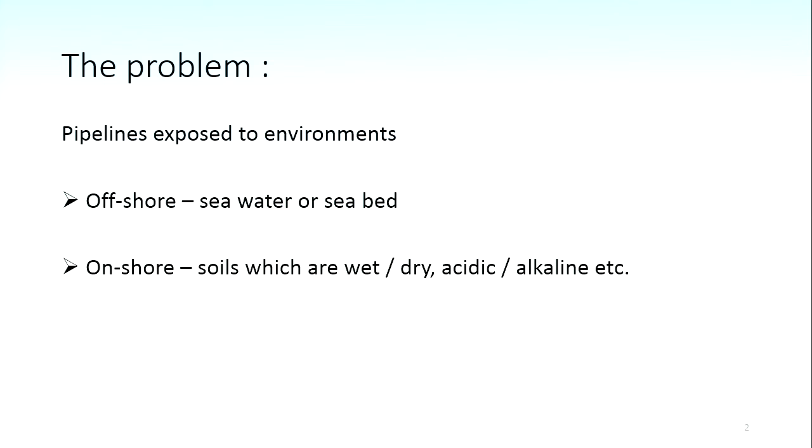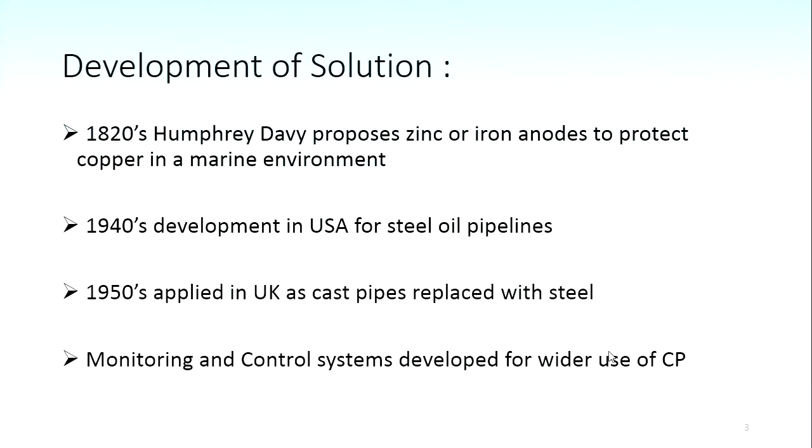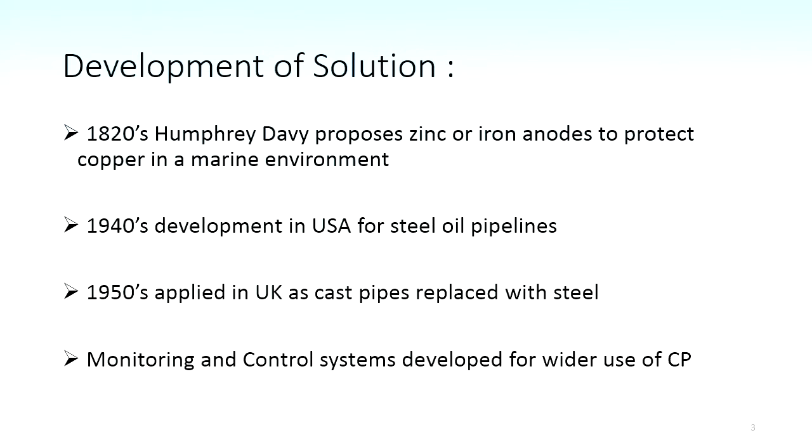The next little bit is a little bit of potted history, which you don't need the details of. It's just for interest. Really, the concept of cathodic protection started with Humphrey Davy in the 1820s, and he was concerned with the marine environment where he was trying to protect one metal by galvanically coupling it to another.